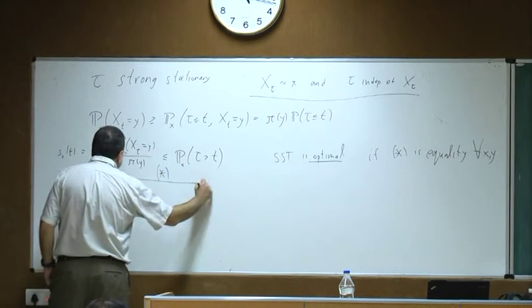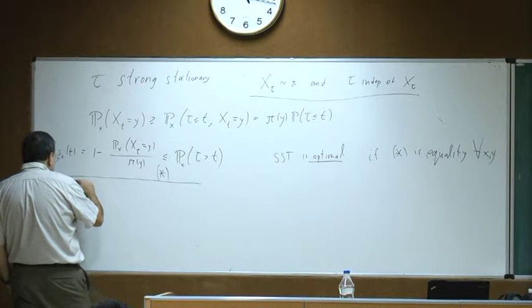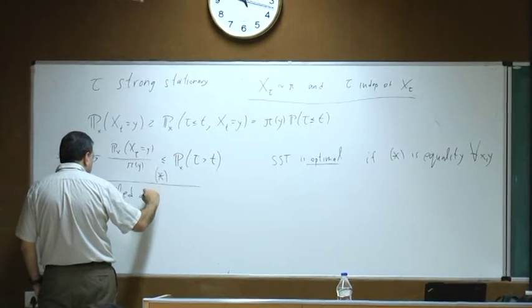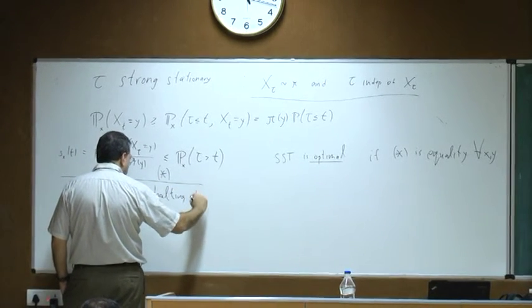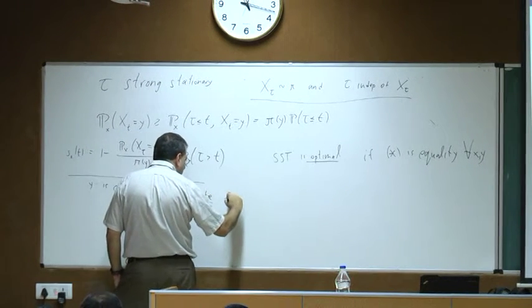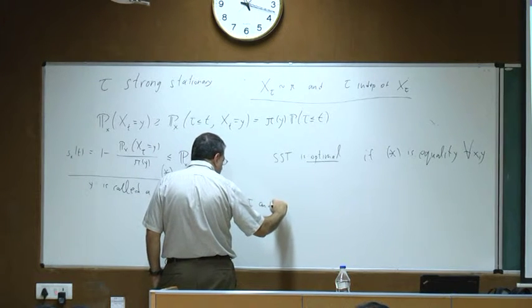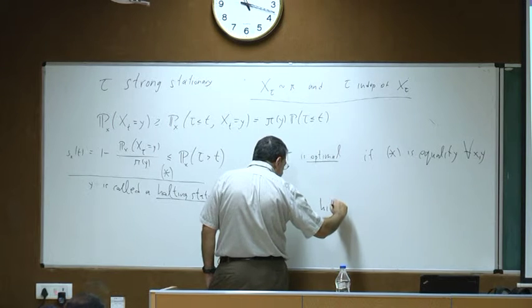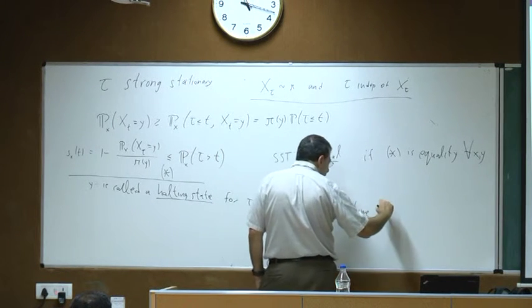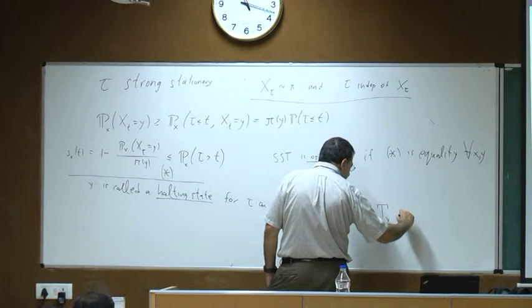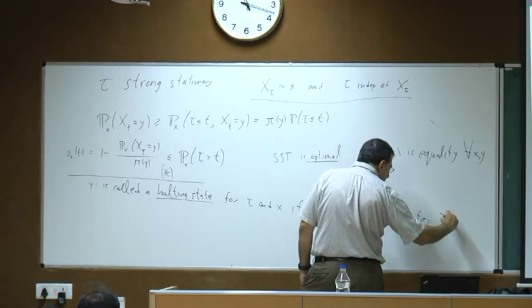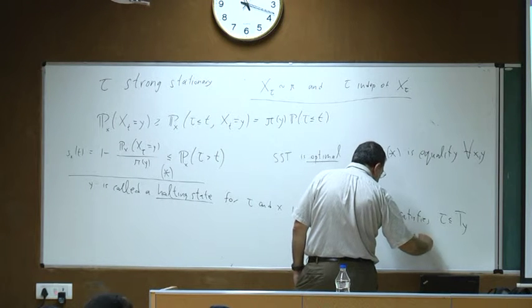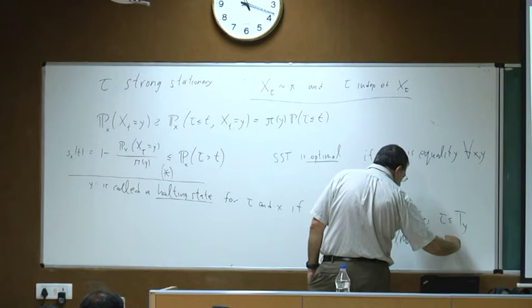Here is one fact. y is called a halting state for tau and x if the hitting time t_y satisfies tau less or equal t_y almost surely under P_x.